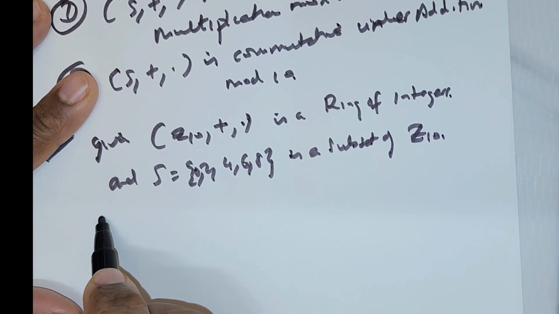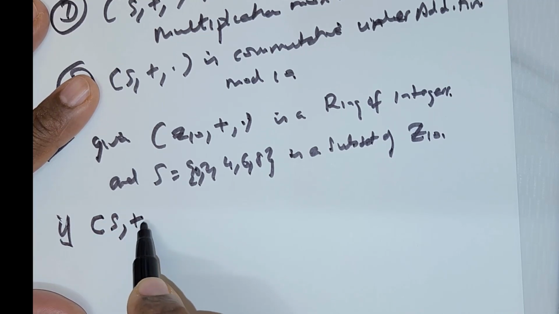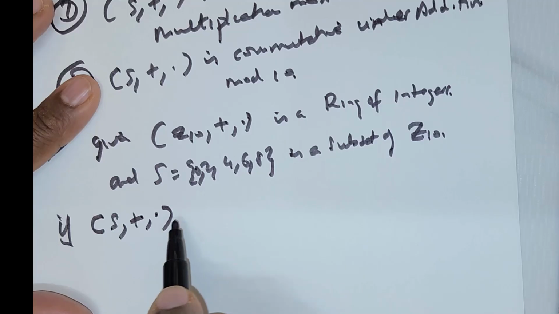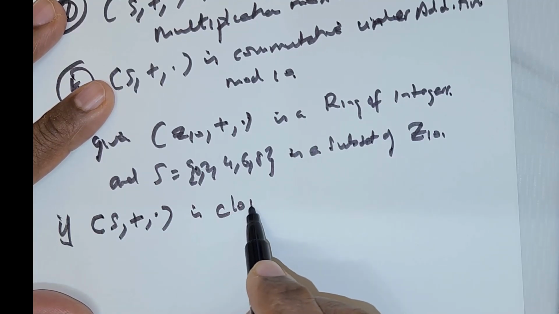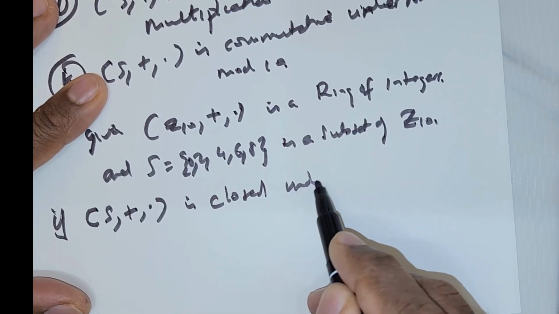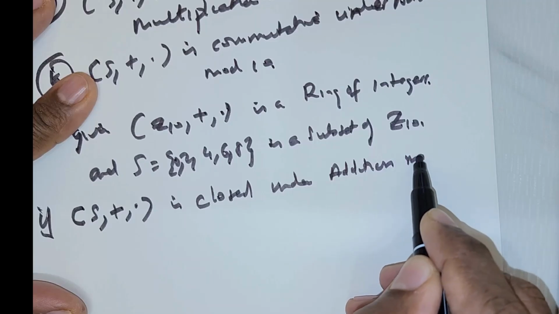Now we need to test if S under addition and dot is closed under addition mod 10.